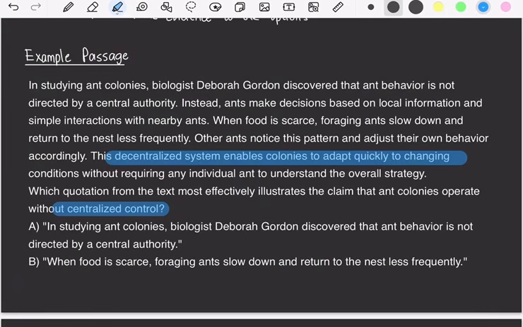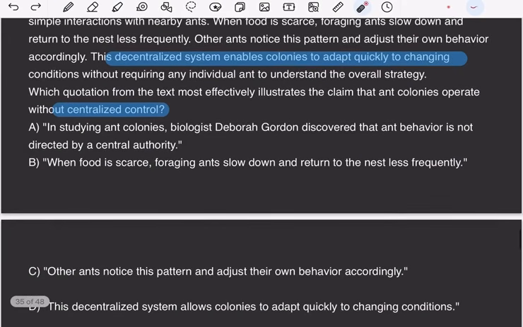Now, what is the best evidence that we can find for this quotation? That's basically that we need proof that there is no central authority directing ants. So let's see if any of our options are talking about this fact.